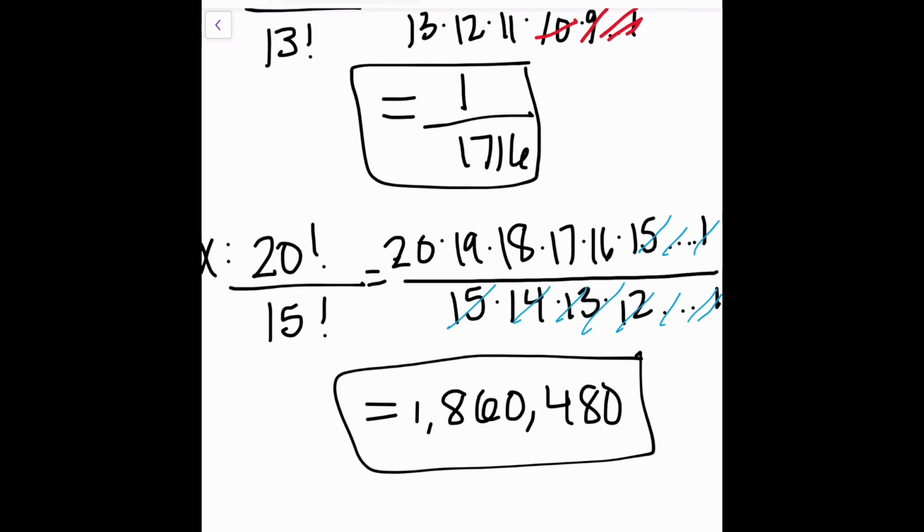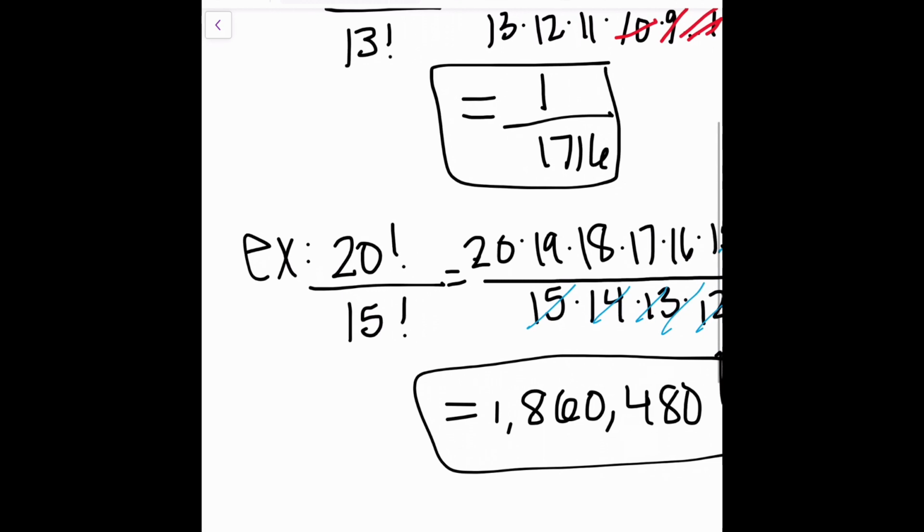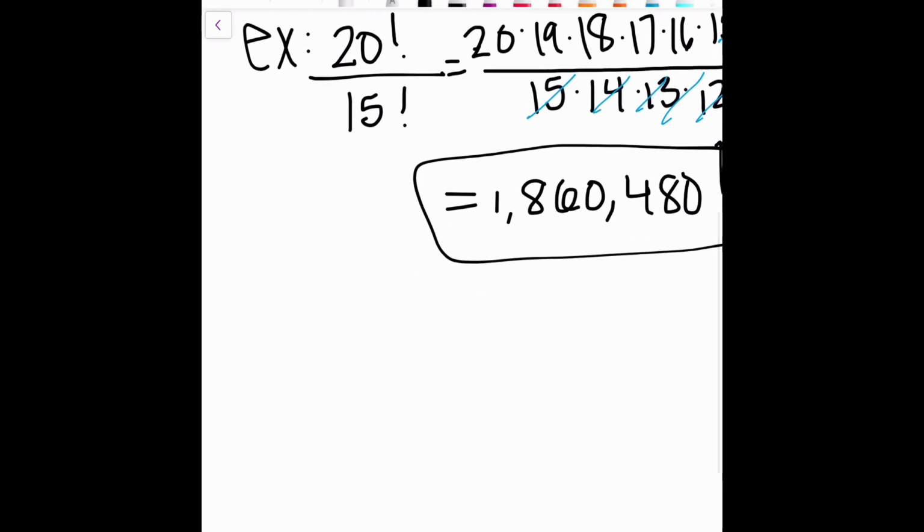Now, they can get a little more complicated than that, so let's do another example. Let's say that I had 7 factorial over 2 factorial 5 factorial. So I'm just going to expand this.